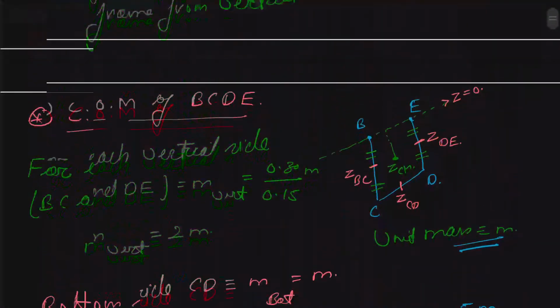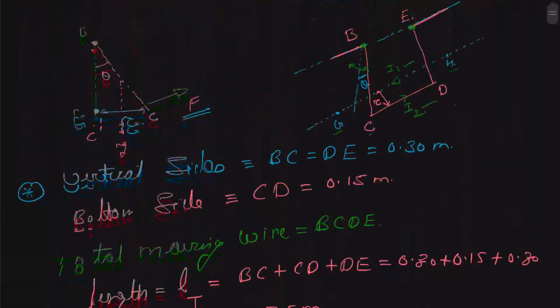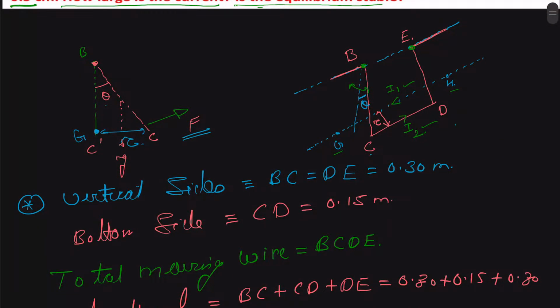And in this case we have to remember that we were having two wires. One wire is our GH, and another wire is in the form of a frame, that is our BCDE, and the points B and E are like a hinge.